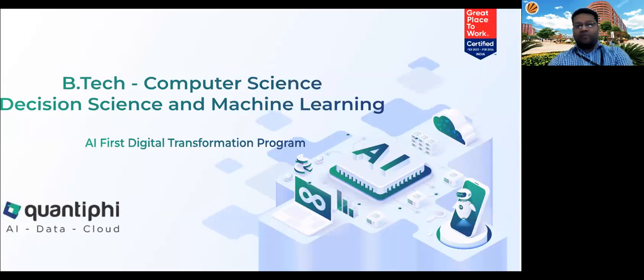Real-time learning coupled with industry exposure, first-hand experience, and immense growth opportunities will ensure you are able to take on and contribute to the world of AI.